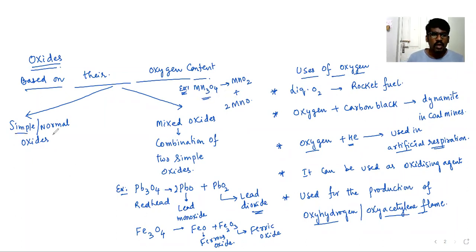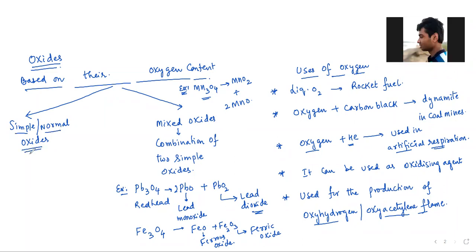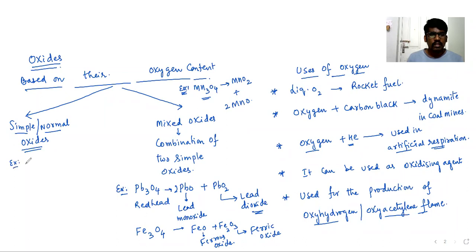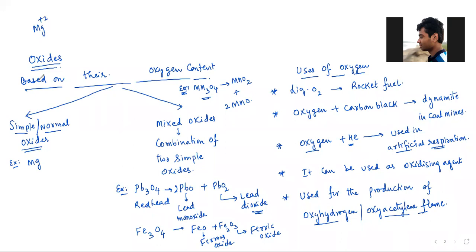When it comes to simple oxide or normal oxide, observe it carefully. Mg, magnesium. What is the oxidation number of magnesium? It is +2. Magnesium is 0 in its elemental state, but in the ionic form, it can have a +2 oxidation state.